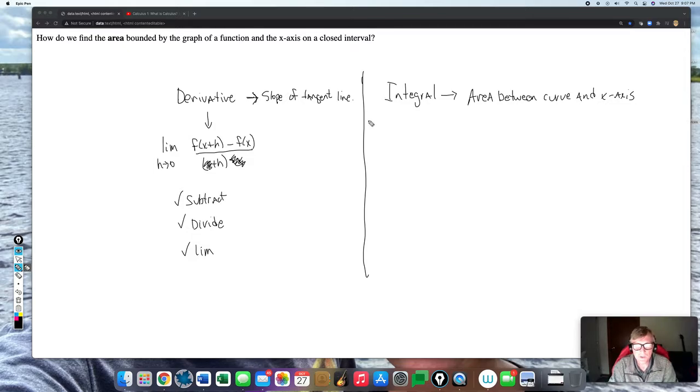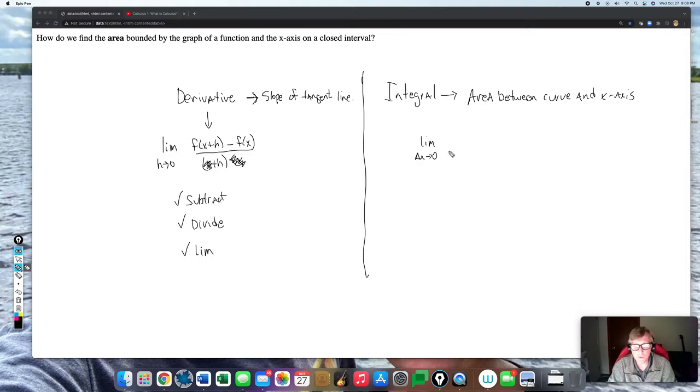And the symbol that this comes from, what we're going to be doing is taking the limit as something called delta x approaches 0, and for all intents and purposes, delta x is a lot like h. It's a very small quantity between two x values, right? Kind of like this.